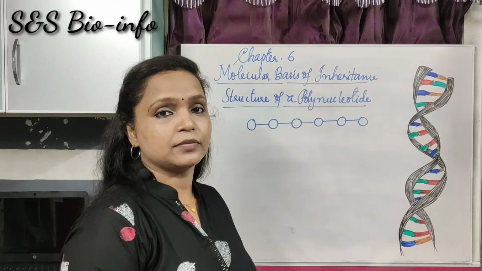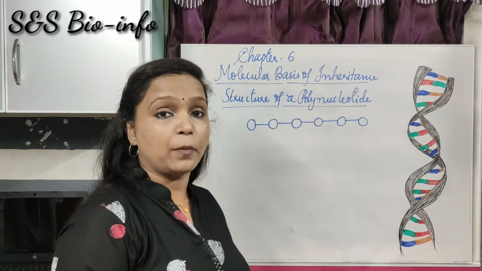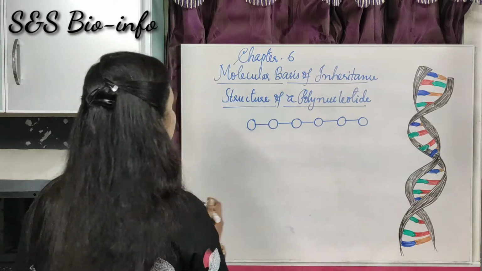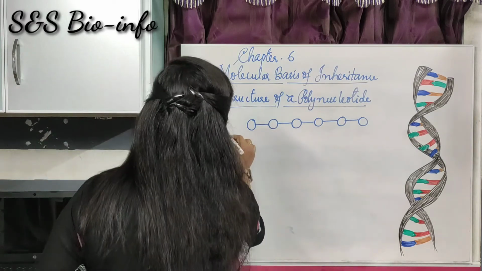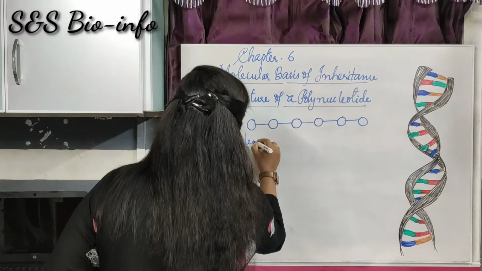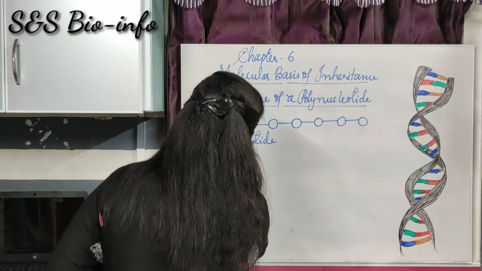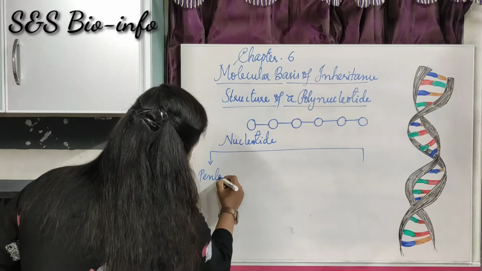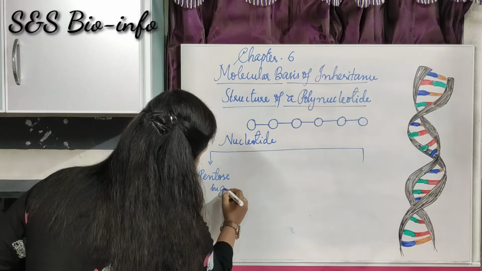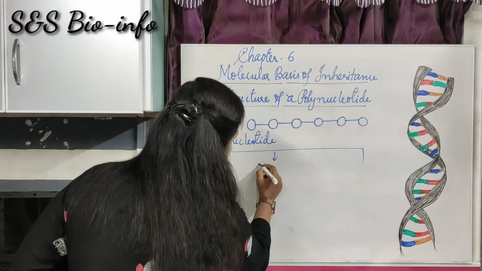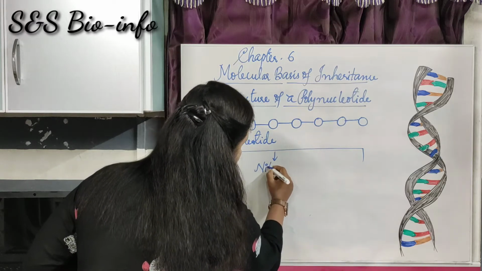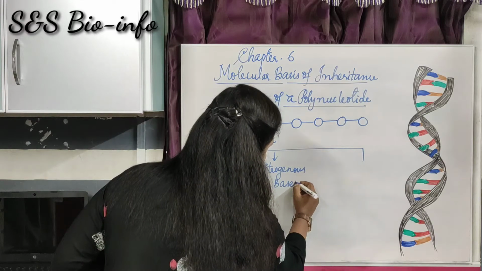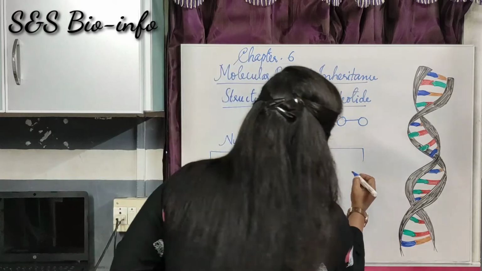We know that a nucleotide is made up of three major components: number one, pentose sugar; nitrogenous bases; and phosphate group.